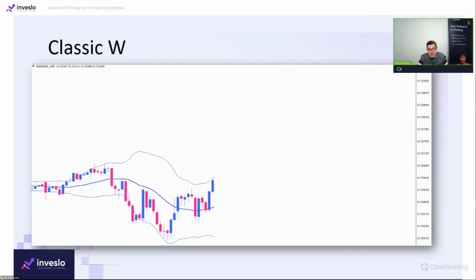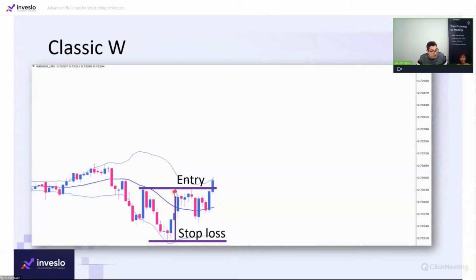And how are we going to trade this classic W? When you identify the second higher relative low, as you see here, by breaking above the previous top of the market, you can find an entry point around that. In that case, you can put your stop loss just below the previous low or previous bottom of the market right here. Maybe you can give it a little buffer lower.